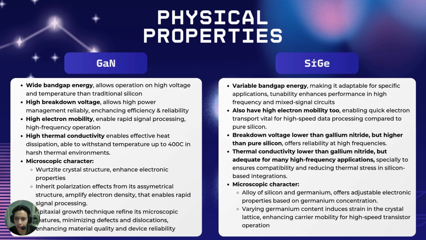For the microscopic characteristics, gallium nitride also possesses a unique microscopic characteristic crucial for its role in 5G technology, which is that it has a typical wurtzite crystal structure, enhancing electronic properties, especially in high electron mobility transistors. Also, its inherent polarization effects resulting from its asymmetrical structure amplify electron density at the GaN substrate interface, essential for high-speed transistor operation, thus enabling rapid signal processing in 5G networks.